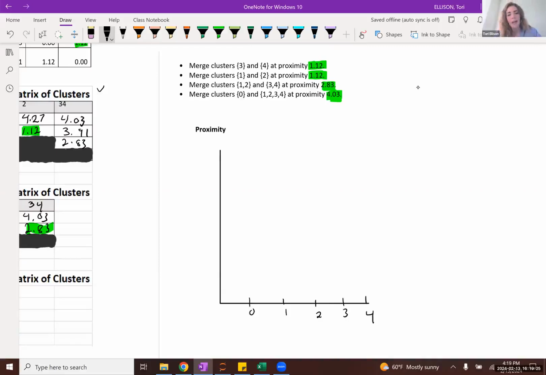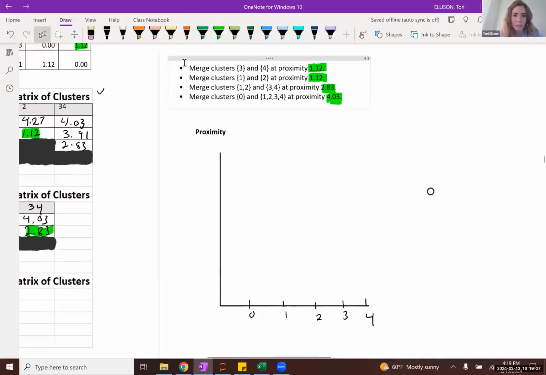Okay. And so what we're going to do is merge each of those sets of clusters that we merged in the algorithm at the corresponding proximity level. So 3 and 4 are going to merge at a proximity of 1.12. And similarly, 1 and 2 are also going to merge at that same proximity of 1.12. This is not drawn to scale.